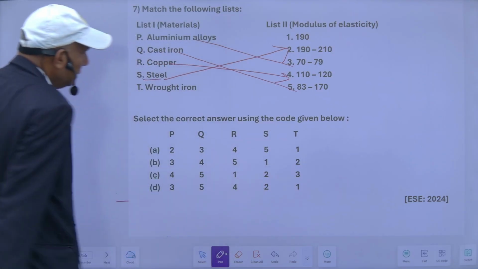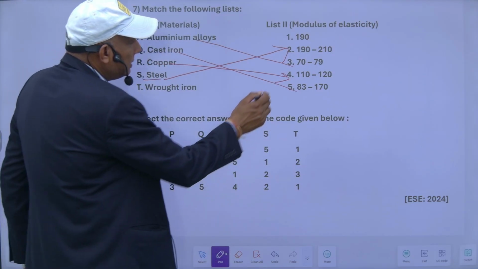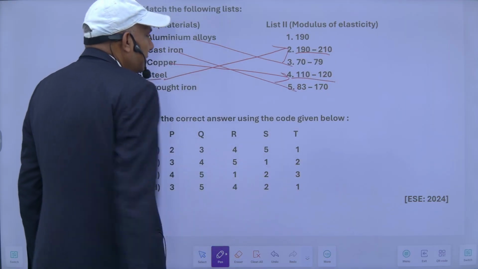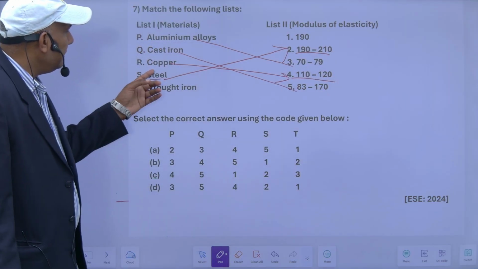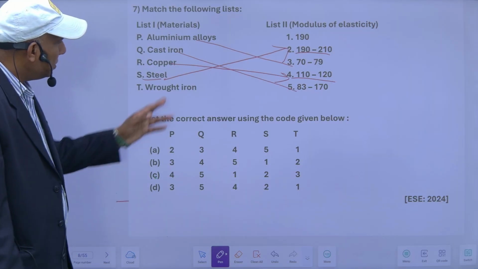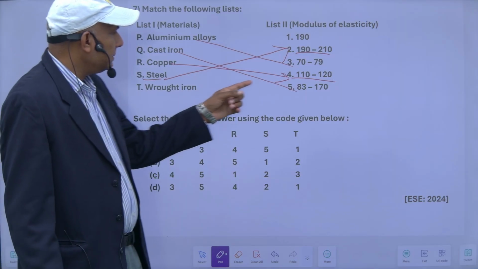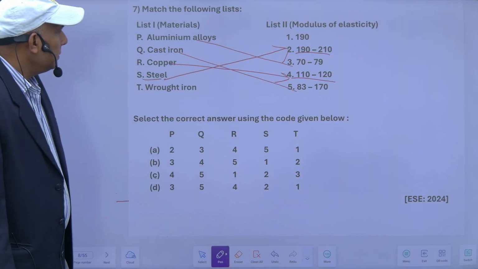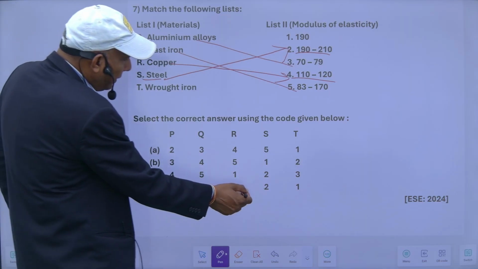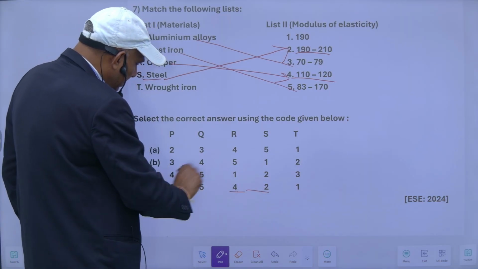Frequently you will find questions consisting of steel and copper. Steel modulus of elasticity is somewhere here, and for copper it is 4. So R4 and S2. This is the correct answer.